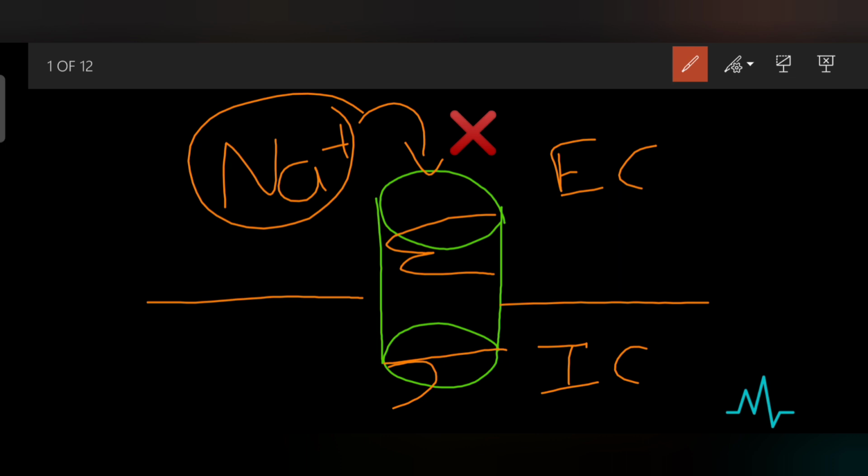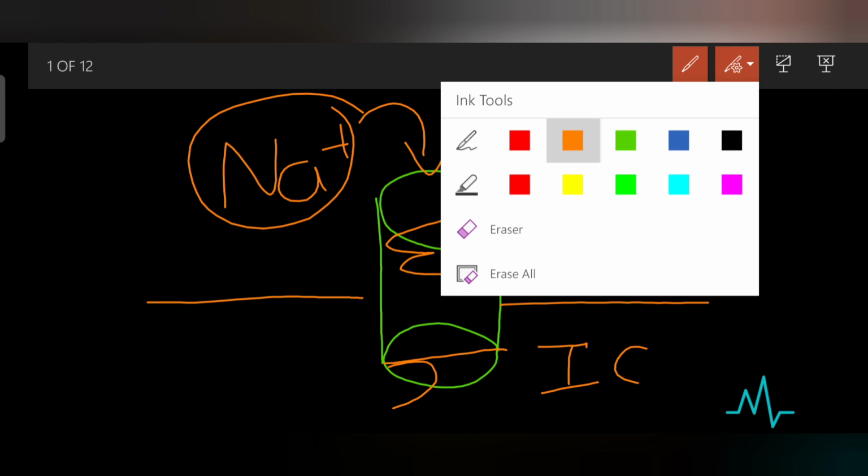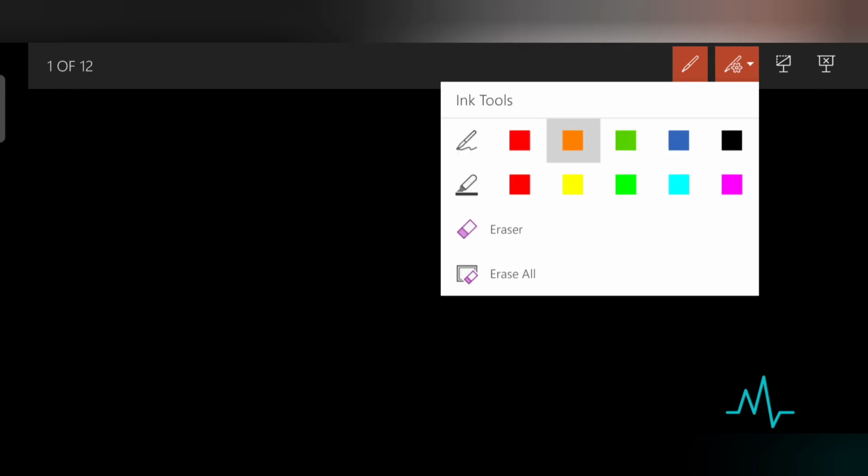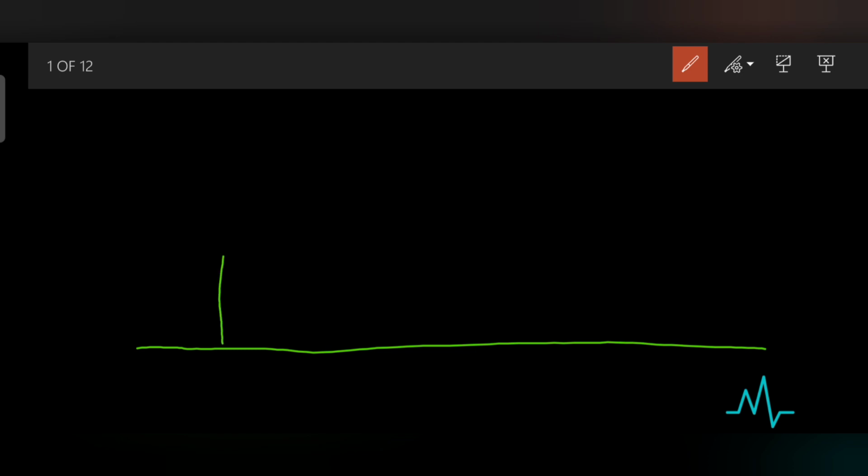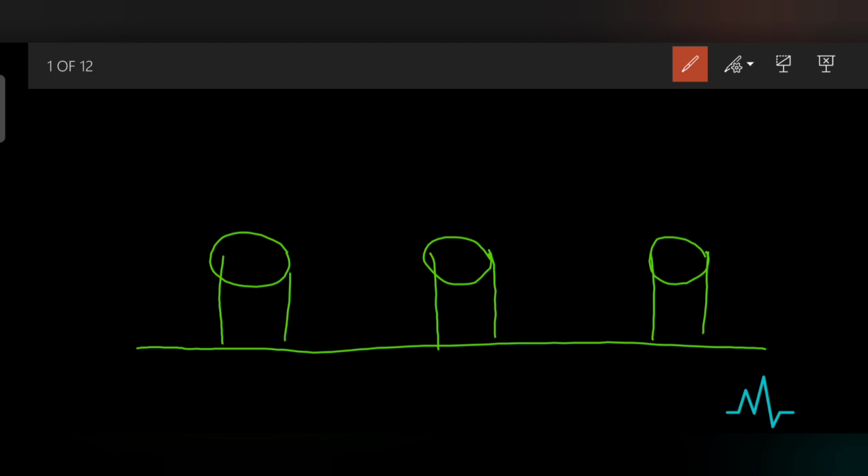Now let me show you how these sodium channels behave in a normal fashion. Let's suppose these are sodium channels, right?